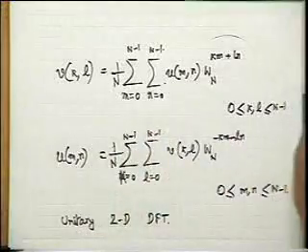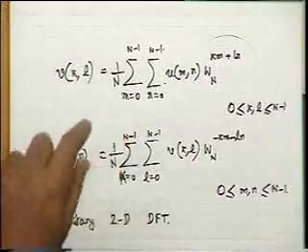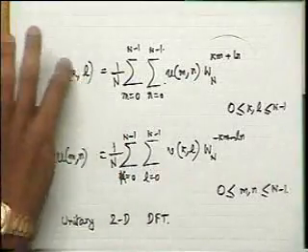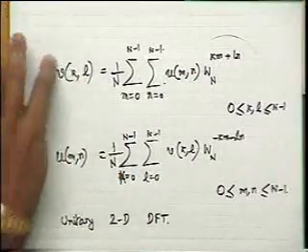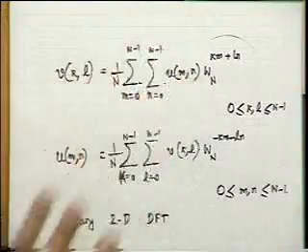Now, if you want to implement a DFT algorithm, in order to compute a single element in the transformed domain, V of KL is the element in the transformed domain of the image, U of MN is the original image.